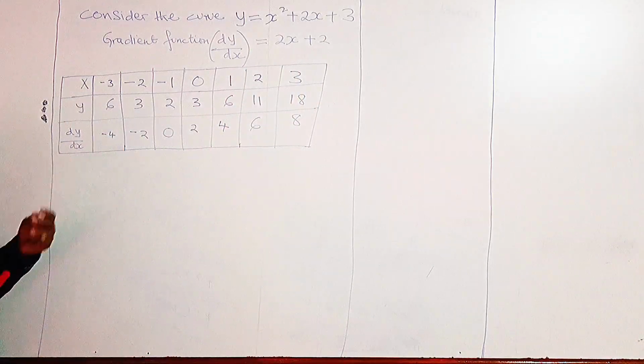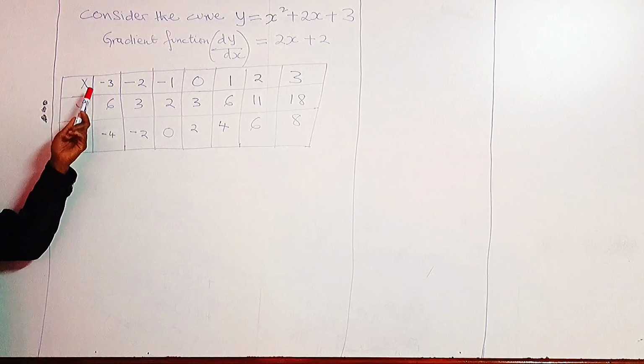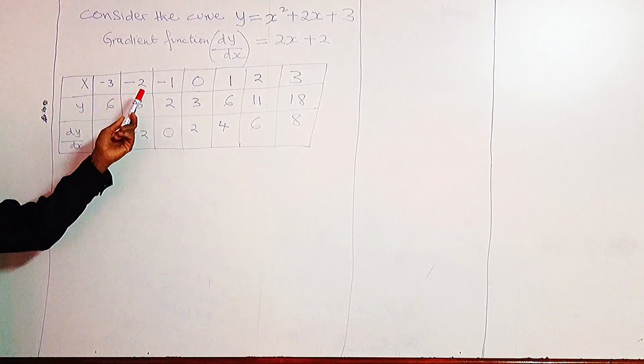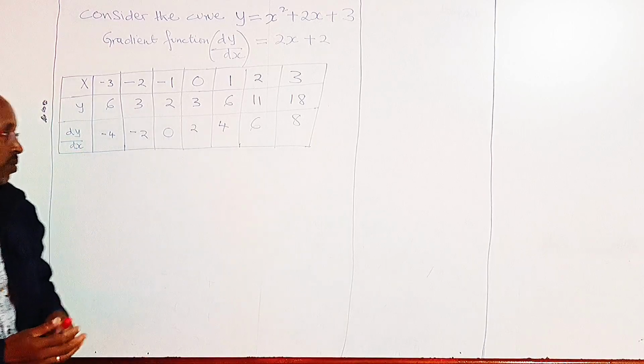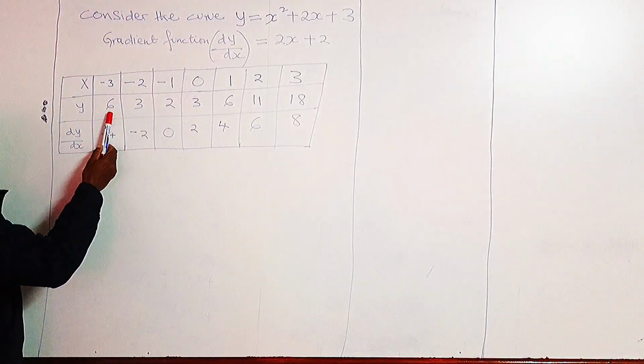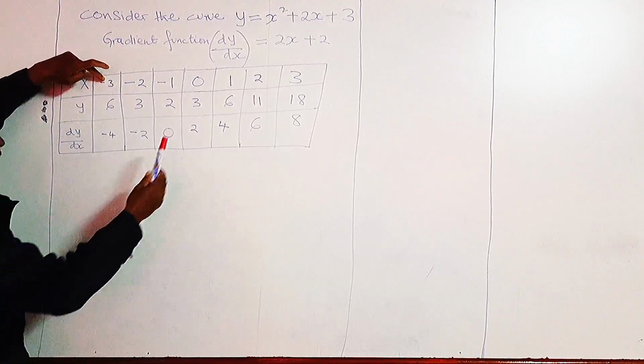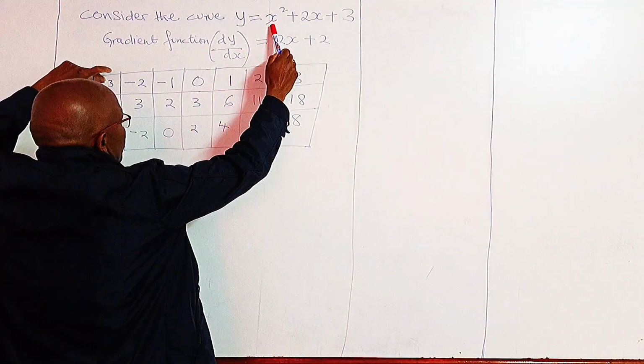We move to the table. In this table, we are taking the values of x from -3 all the way to +3. How did we get the value of y? We substitute the value of x into our curve.